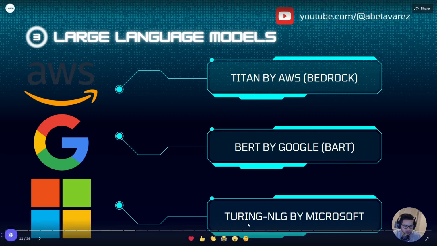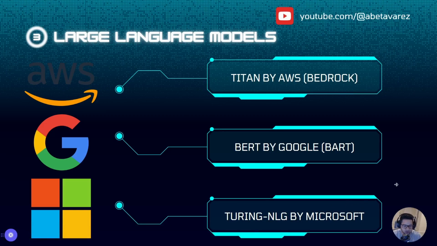And then we have Turing NLG by Microsoft, and this one is used in many Microsoft services, from Azure Cloud Services to even Microsoft 365 or Home Office as well. So across many applications in Microsoft.